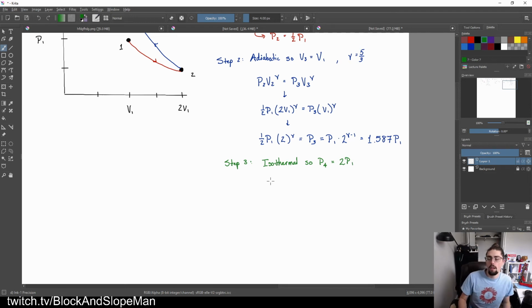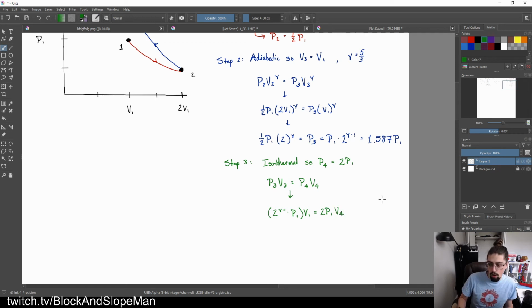Okay, same thing as before. P3V3 is equal to P4V4. Plug in with the values that we've got. Ugh, it gets a little bit nasty now, right? As we start to chain these things together, sometimes they can get a little bit disgusting, but that's okay. So this is going to turn into 2 to the gamma minus 1 times P1. V3 was just V1 again. P4 is now supposed to be 2 times P1.